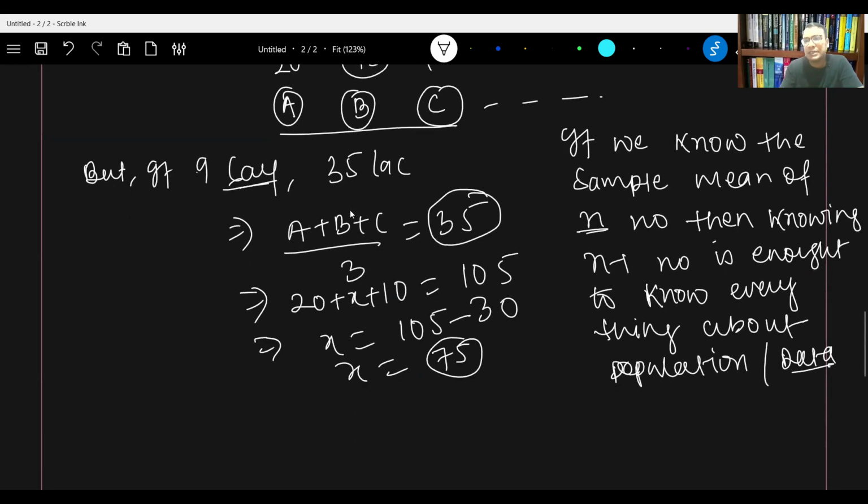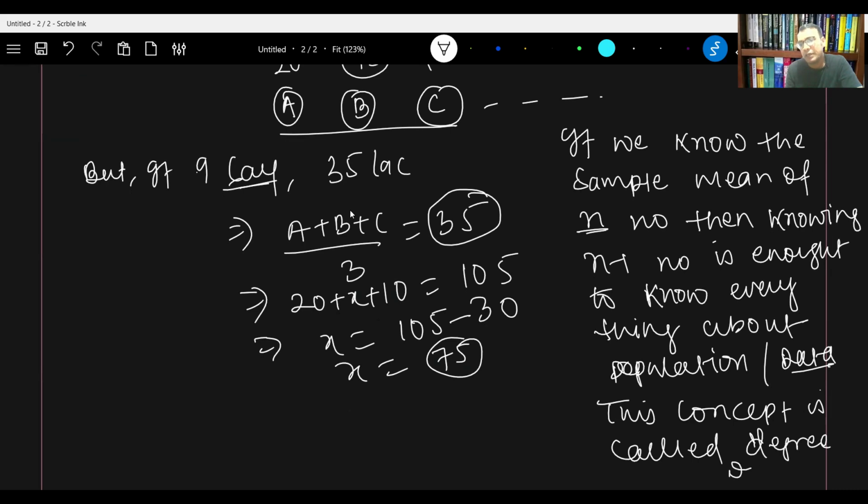So this concept is called degree of freedom. Degree of freedom. Clear? Everyone? Clear?